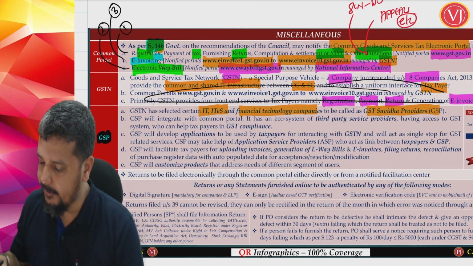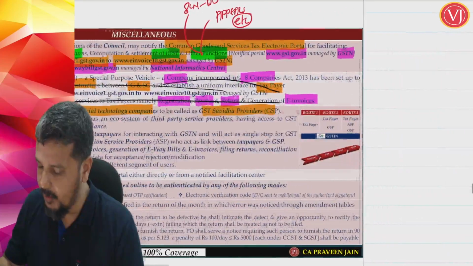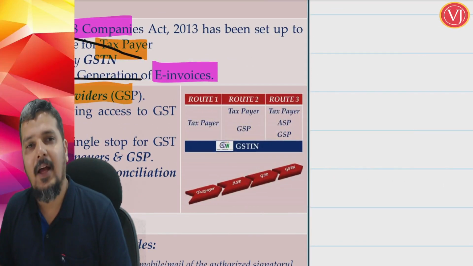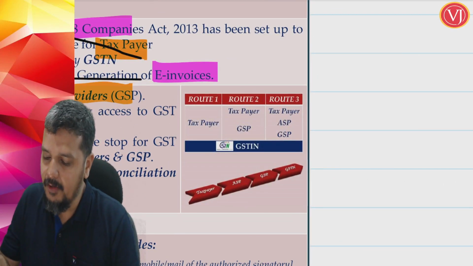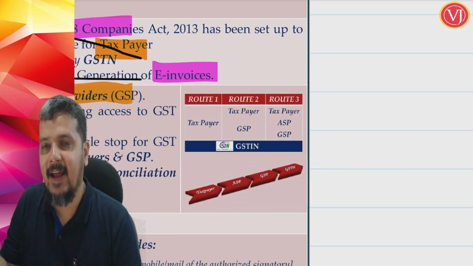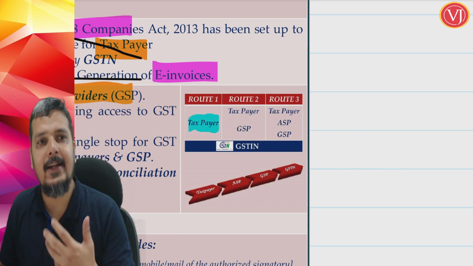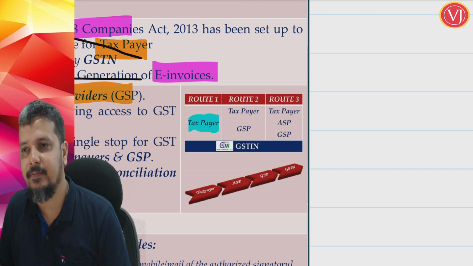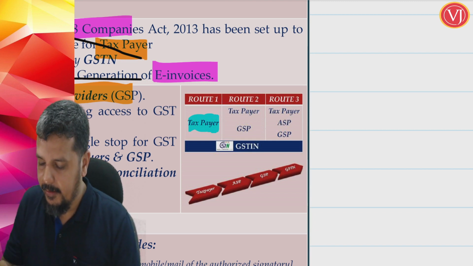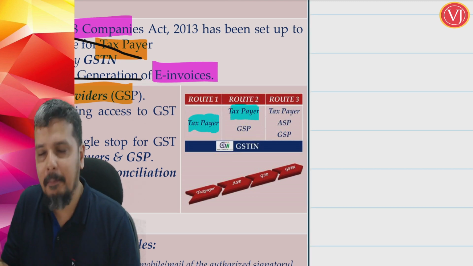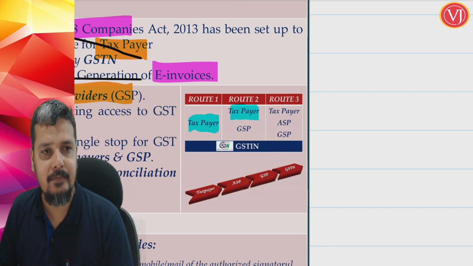Now, you may ask, what is the benefit when you have a GST Suvidha Provider? One way that an assessee or taxpayer can talk to the portal is to directly log onto the website and talk to the portal. The other way, the taxpayer may never see the portal.